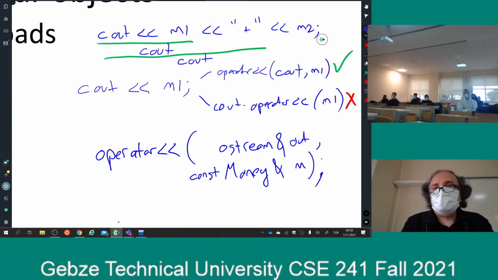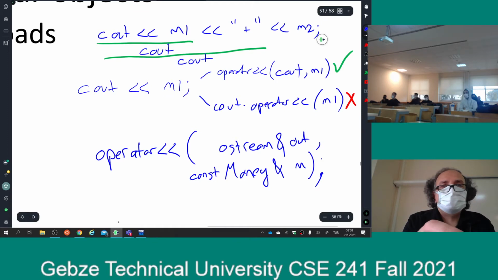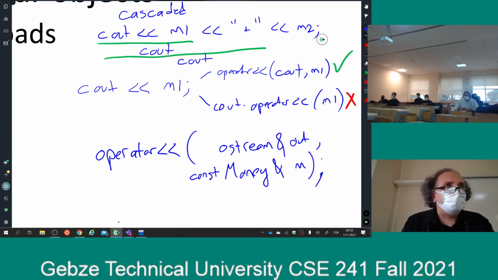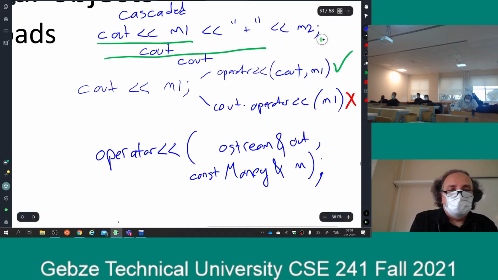Okay, this is called cascaded operator calls, and we have been doing this all along. When we say 1 plus 2 plus 7, we are doing the same thing, cascading. So this one should return an ostream, but we are going to return a reference from it.